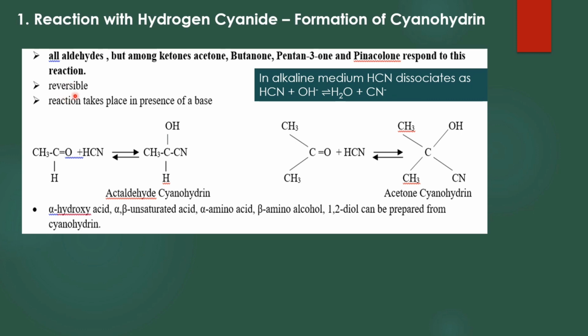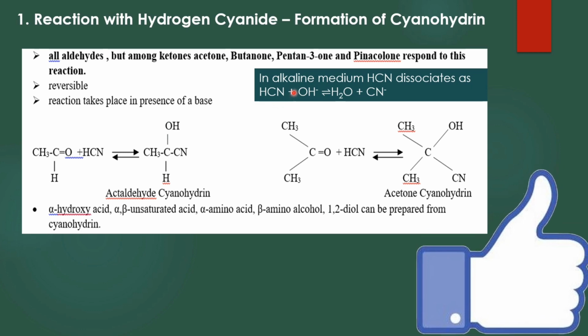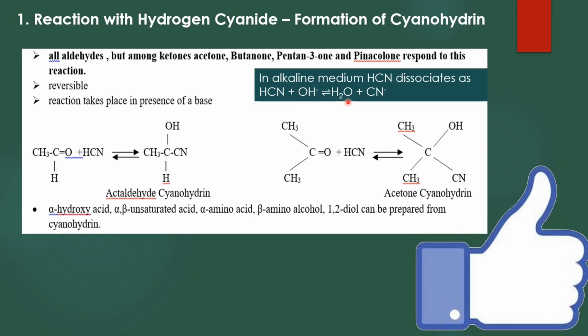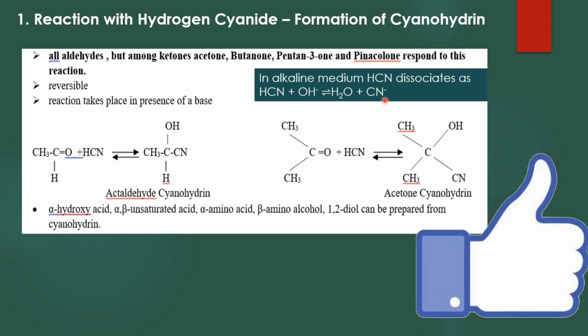The reaction is reversible in nature and takes place in the presence of a base. Hydrogen cyanide is a weak acid. In alkaline medium, it dissociates rapidly with the formation of cyanide ion.